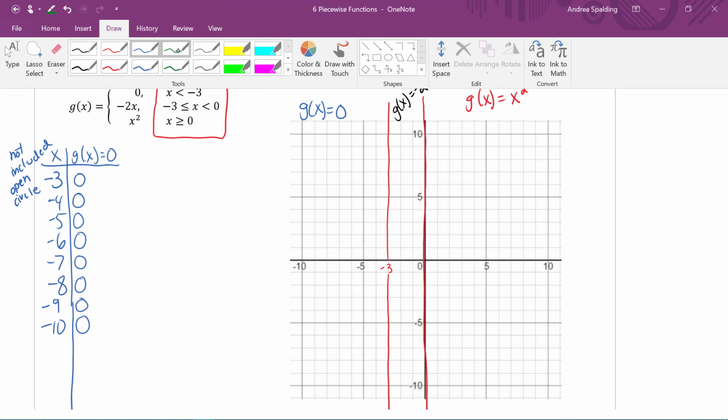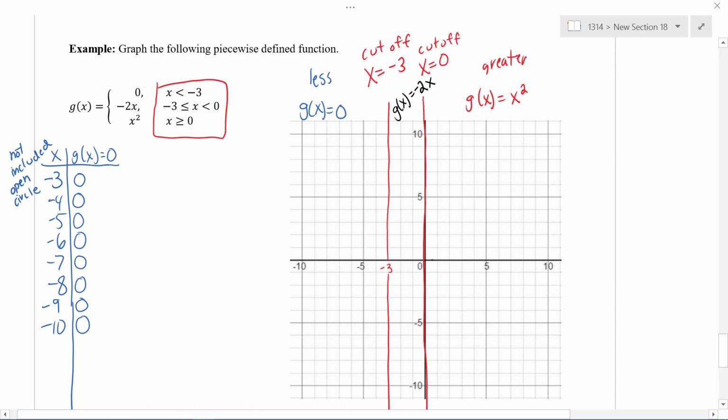Okay, so let's plot these points. -3 for x, a y value of 0 is right here. And we're plotting that as an open circle since it's not included. -4, 0. It's right there on the x-axis, because the y value of 0 is right here. So we have an open circle there, closed circle for the rest of the points. -5, 0.